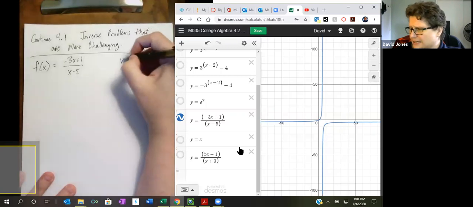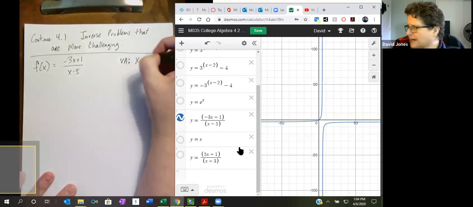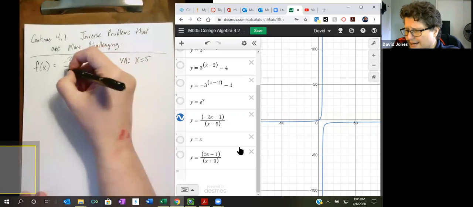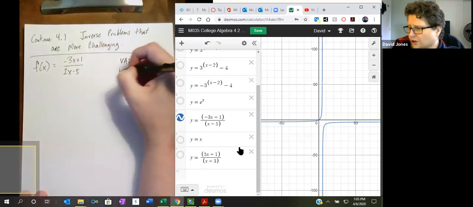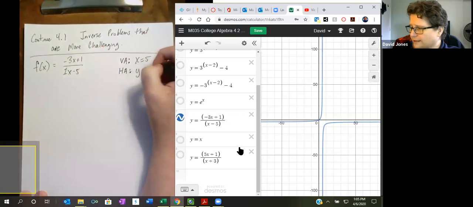There's a vertical asymptote where the denominator equals 0, which is at x equals 5. And then we look at the degree of the numerator and denominator. They're both to the first power. So we look at the leading coefficients. Negative 3 over 1 gives us our horizontal asymptote. There's a horizontal asymptote at y equals negative 3.